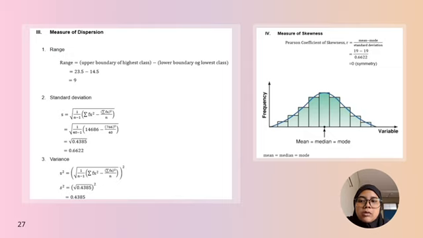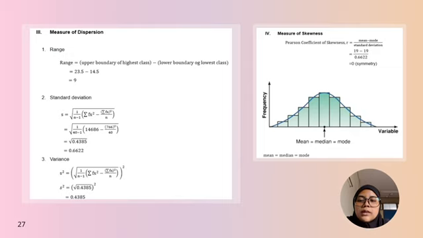So for measure of skewness, which tells us about the shape of the data distribution, the formula is R equals mean minus mode per standard deviation. From the data, we can see mean equals 19, mode equals 19, standard deviation equals 0.6622.